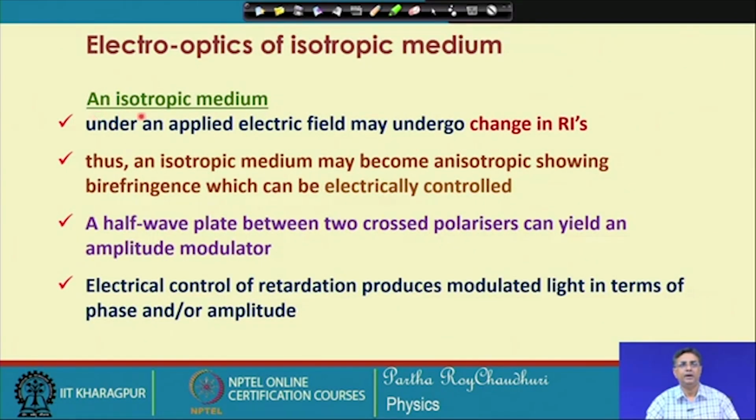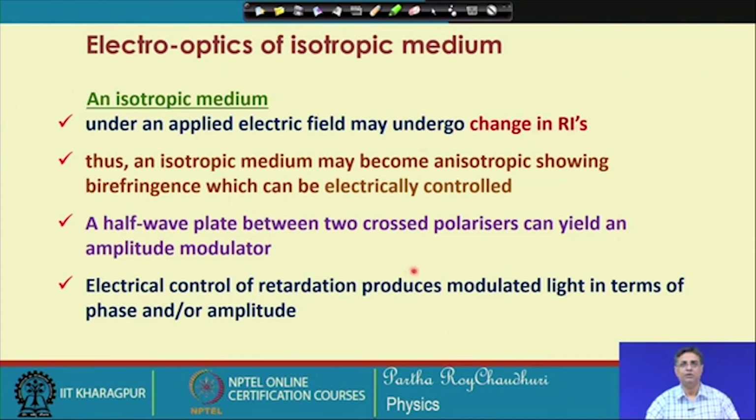An isotropic medium under an applied electric field may undergo changes in the refractive indices. This we have seen and understood very clearly: as long as there is no electric field, it is isotropic, but there may be a change in the refractive index properties when the external electric field is imposed.